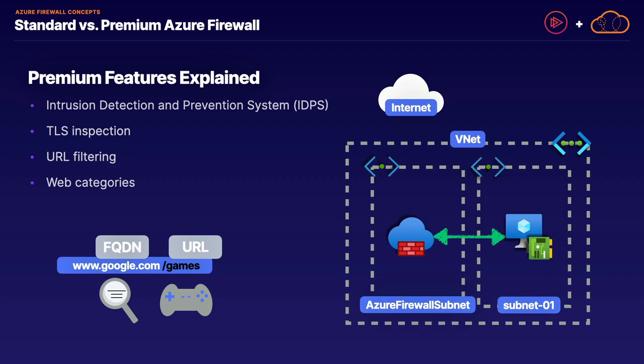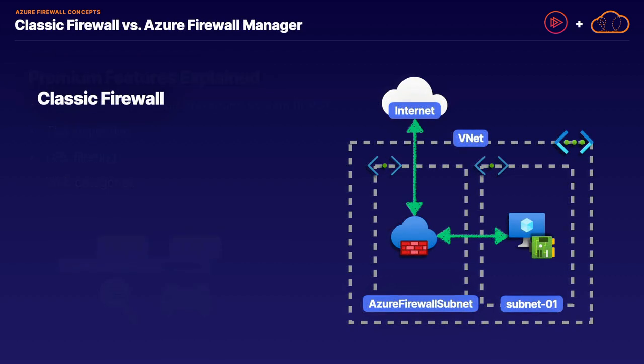Now that we understand some of those premium features, let's talk about the different ways that we can manage our Azure Firewall. The initial rendition of Azure Firewall, now known as Classic Azure Firewall, used a classic rule management style of managing those rules on the firewall resource. So we would go to the firewall resource to manage those rules.